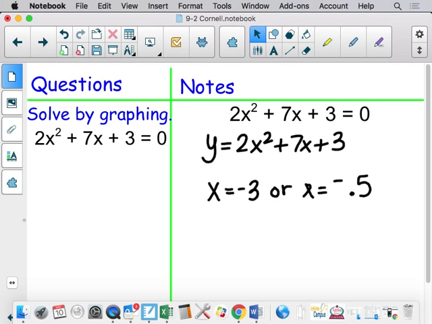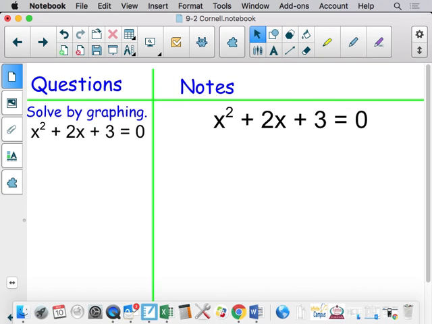All right. My last example, x squared plus 2x plus 3 equals 0. So y equals x squared plus 2x plus 3.